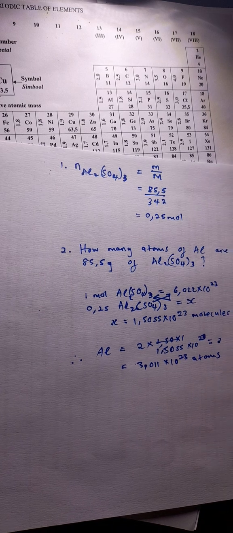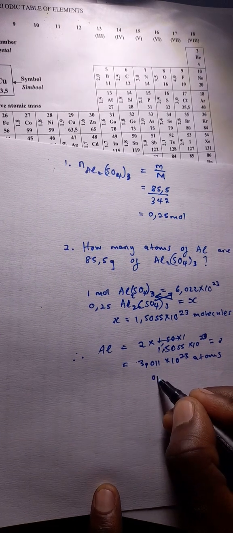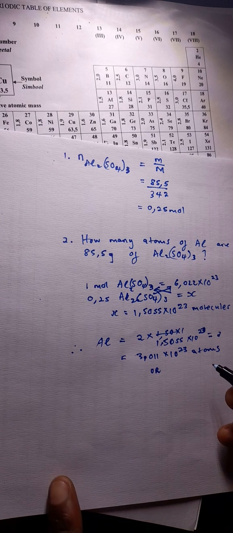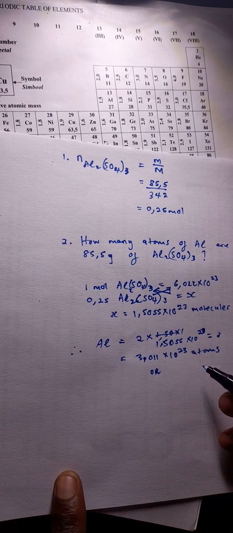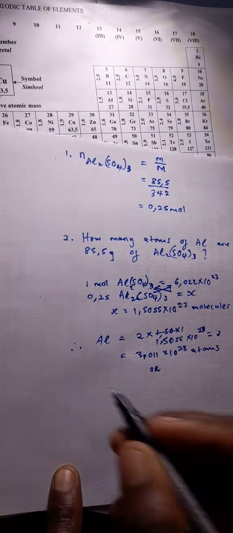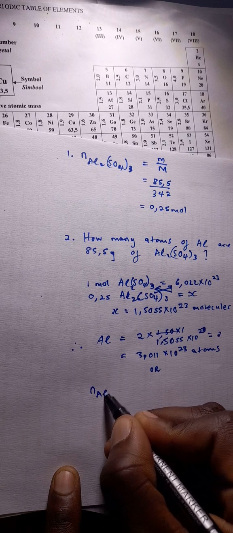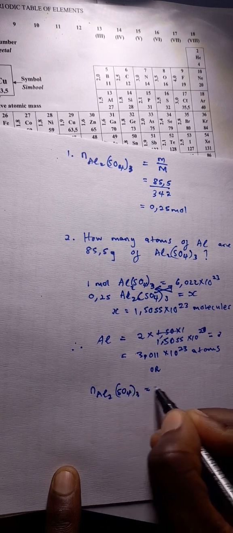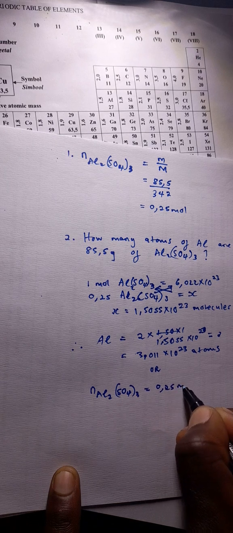Okay, is there another way? Yes, definitely there is another way. If I'm too fast, maybe you can replay it, stop it, and rewind it. All right, so what is another way? We have our number of moles of aluminium sulfate, we said it is 0.25 mole.